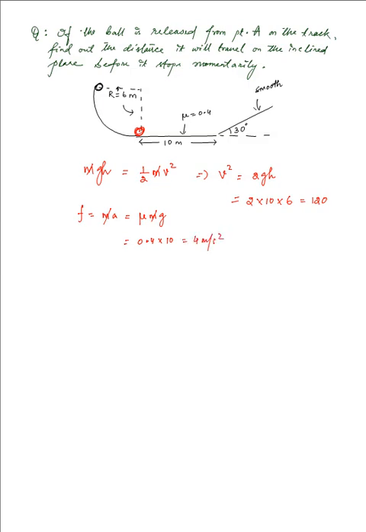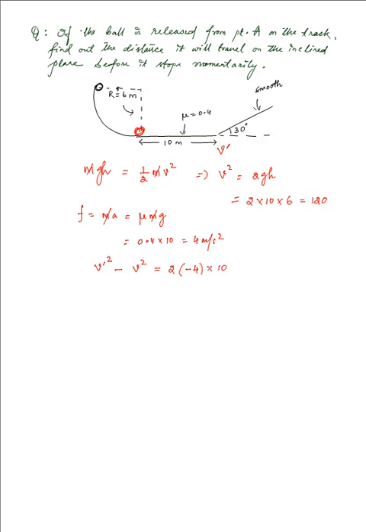Now from the equation of motion again, we have the 10 meters distance, and let the final velocity be v prime. So v prime squared minus v squared, which is the initial for that horizontal motion, will be equal to 2as, which is negative in this case. S here is 10 meters as given.